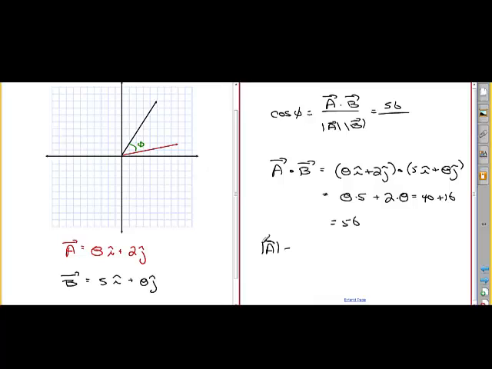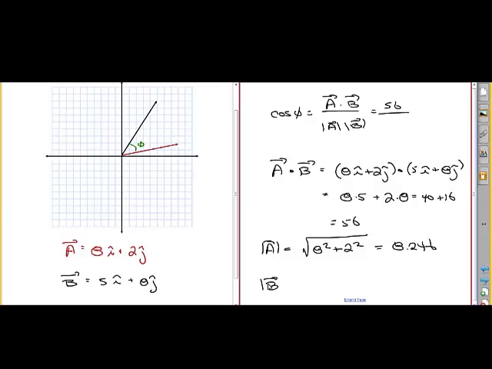The magnitude of vector A, using the Pythagorean theorem, is going to be the square root of 8 squared plus 2 squared, which is the square root of 68. And that's 8.246.